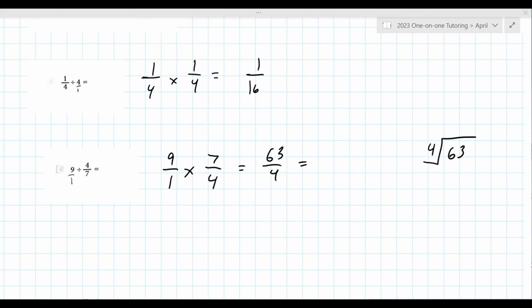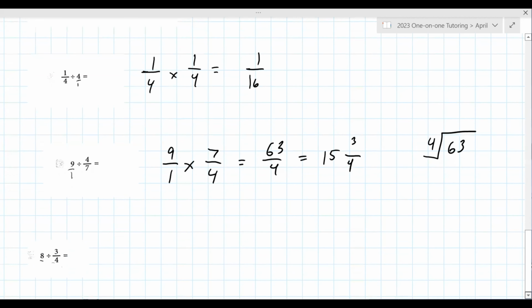Almost done. Okay. Will it be 15 with a remainder of 3? Yes. So it would be 15 and 3/4. Yes. Very good.